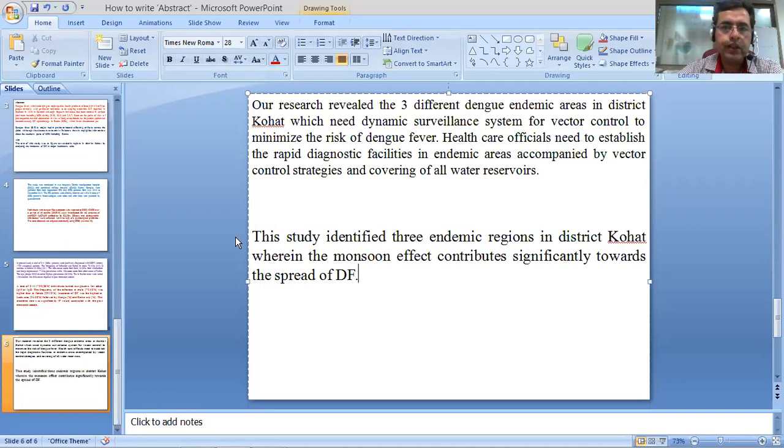Okay, the conclusion that you make based on your results is this, that your aim was to identify the endemic regions, and your results are telling you that the incidence of this particular condition is more in certain areas as compared to other areas.